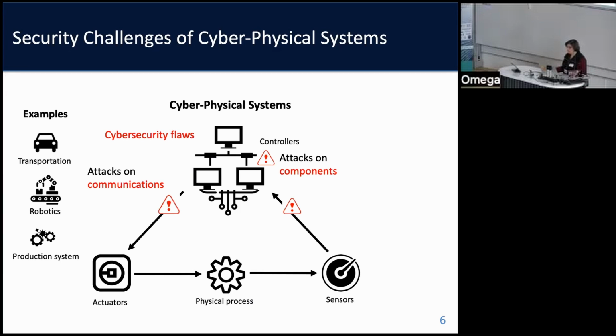I was asking questions, and this is my point, that these attacks can be either on communication or components. So for us as software engineers, it's simple. We don't need many classifications. We see them as attacks on communication or components.